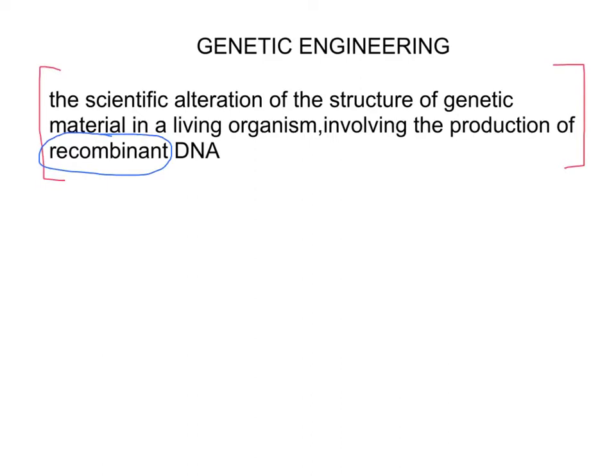So you isolate the section of DNA that you want, and you use enzymes to do that. You then take the second sample of DNA that you're using, and in that case it will be a vector, something that's going to carry your genetic material for you. You insert the selected piece of genetic material initially into that second source, and then you put that vector back into a host.